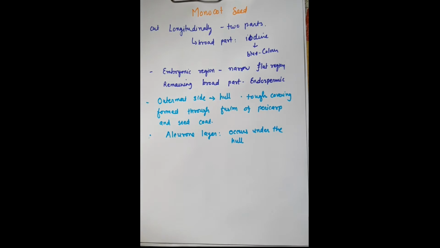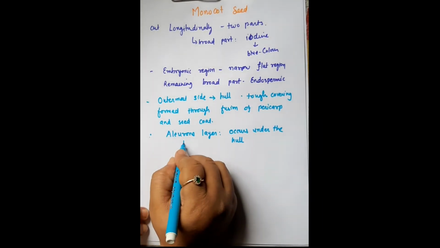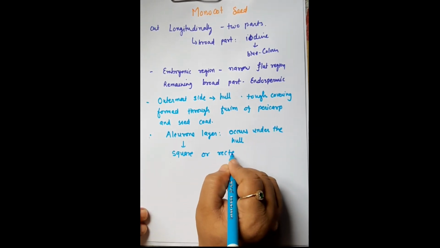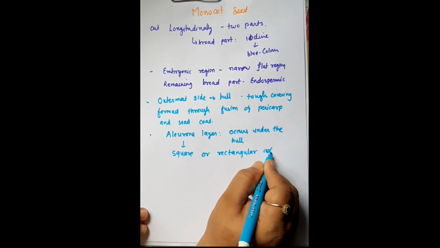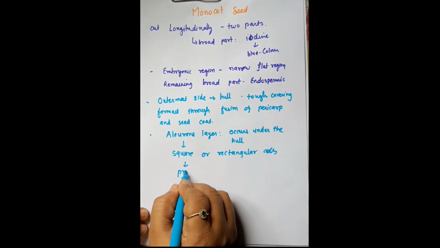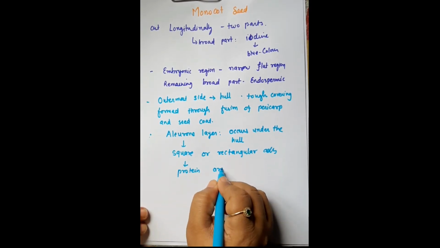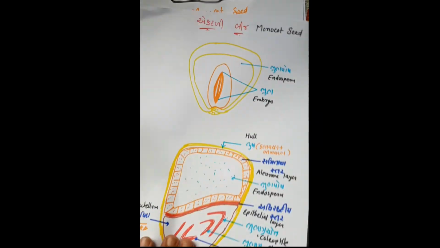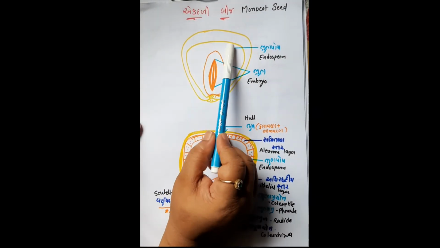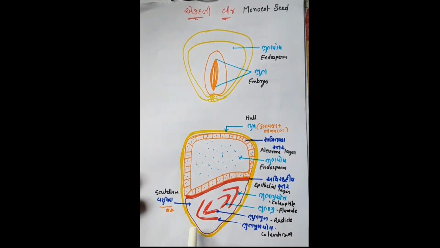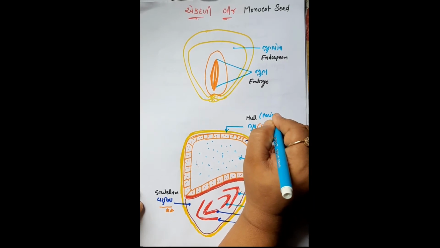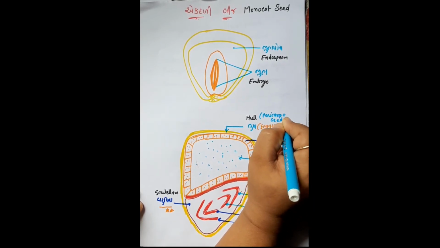What is the layer under the hull called? Aleurone layer. Aleurone layer is made up of square or rectangular cells, and in the aleurone layer protein is stored. You can see this diagram: this broad region is the endosperm, this is the embryo, and this outermost layer is the hull, yellow in color, formed due to the fusion of pericarp plus seed coat.